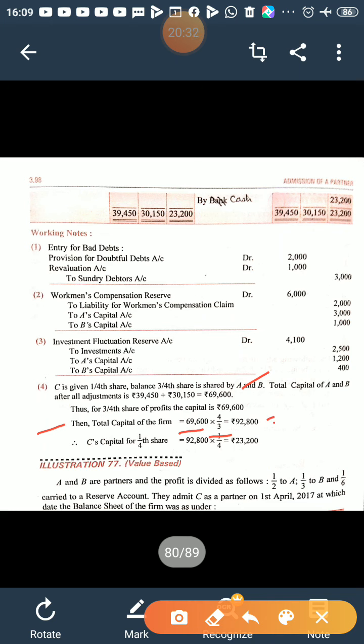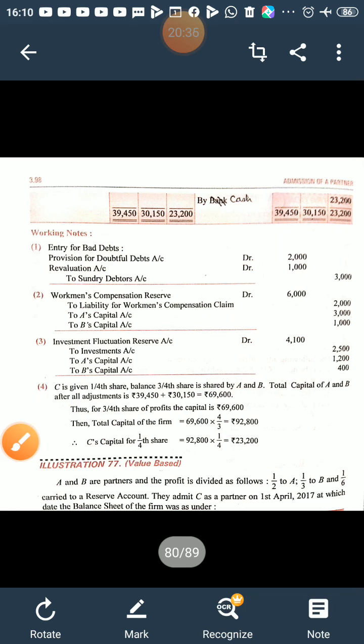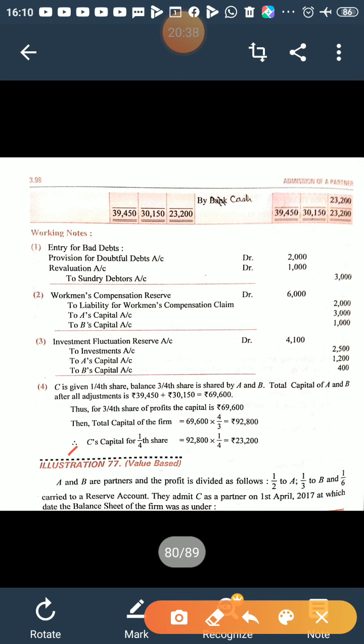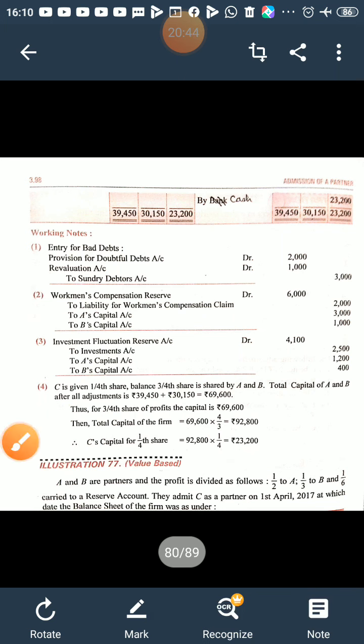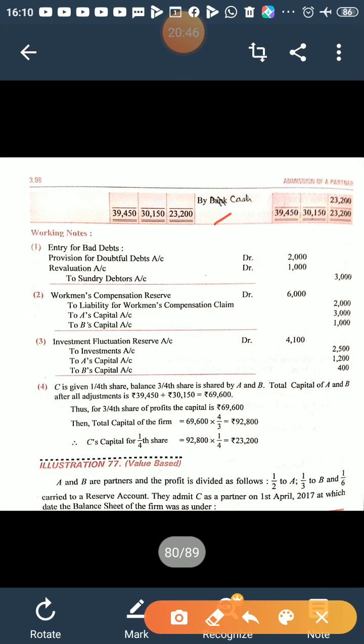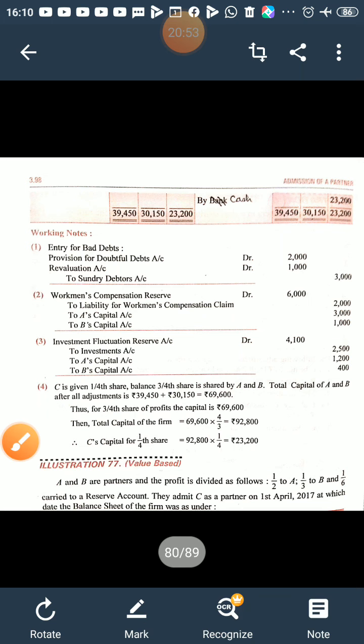So 92,800 will be the total capital of the new firm, and C's share is 92,800 multiplied by 1/4, that is 23,200, and he will bring it in cash, 23,200, right? And the journal entry will be cash account debited to C's capital account.